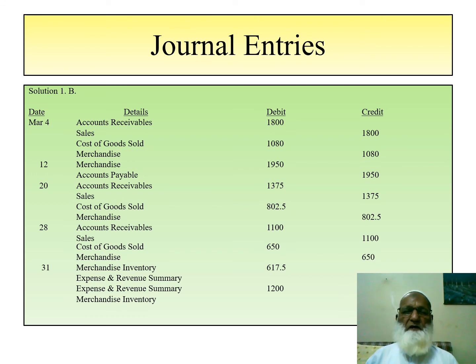Secondly, on the 20th we sold 120 units, and the total accounts receivable is 1375. The sale price is 1375, and the cost is 802.5. If you go to the perpetual inventory card, you will see that cost of goods sold is 802.5, and merchandise is credited 802.5.